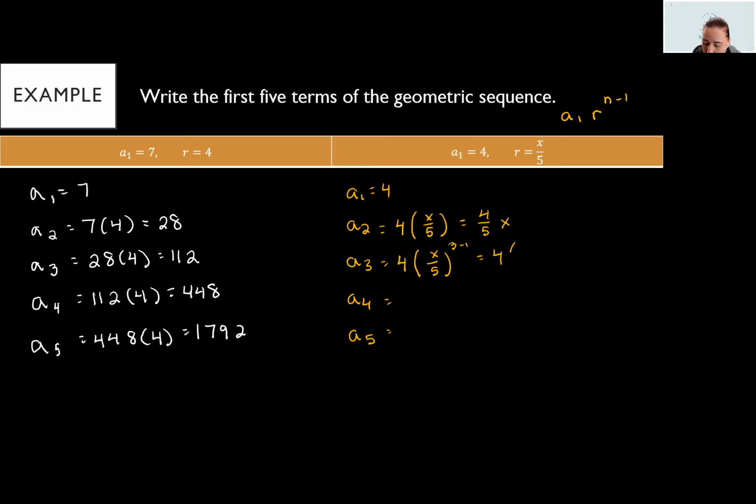So that would be 4 times x over 5 squared. That would give you 4x squared over 25, which you could write like that, or you can write it as 4 over 25 times x squared. So I'm actually going to do that.